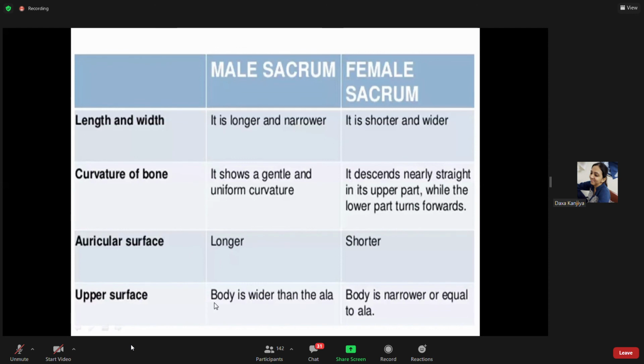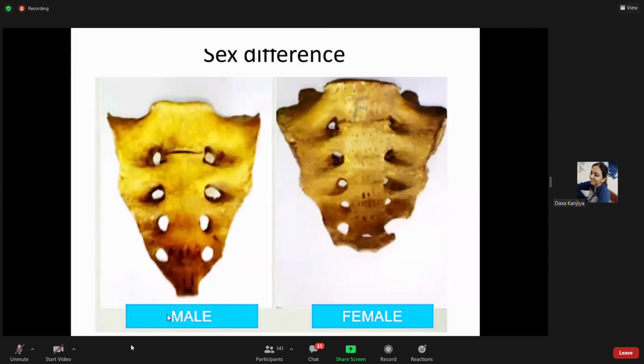Here it is given wrongly, like the body is wider in male. No, the sacral promontory length is more as compared to the ala of the sacrum in female. Remember the female sacrum. I will show you the figure again. See here, the sacral promontory is wider as compared to the ala of sacrum in female. So these are the differences between male and female sacrum.